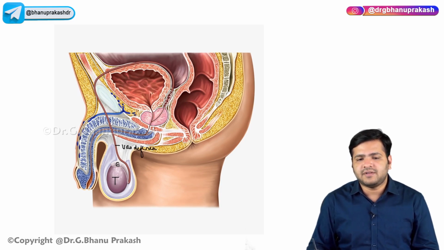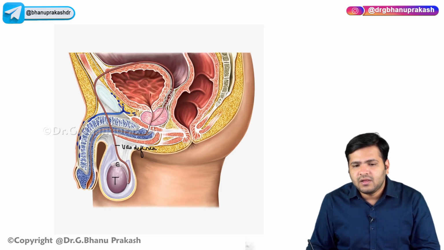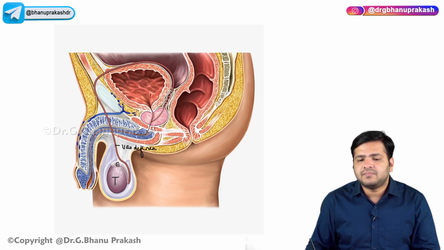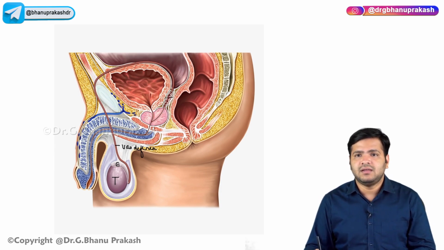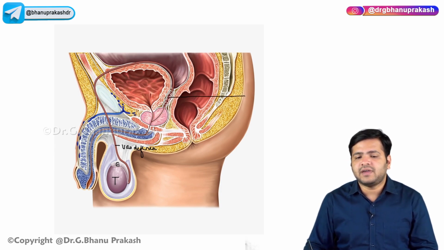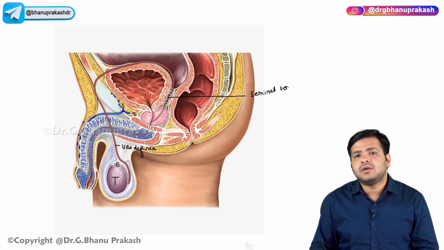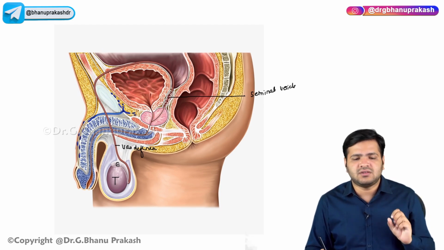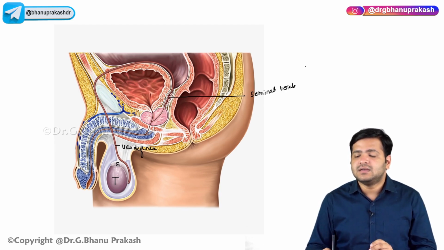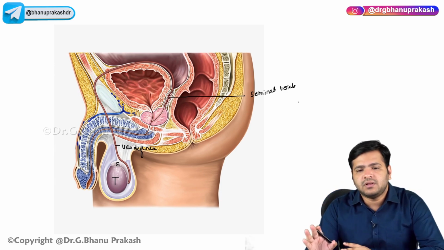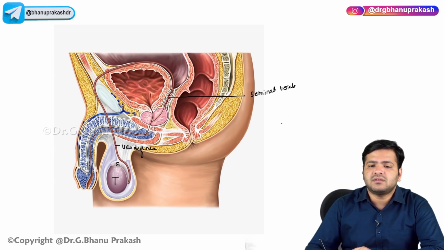Now this vas deferens, we have the seminal vesicles, which will pour its secretion via seminal tubule.